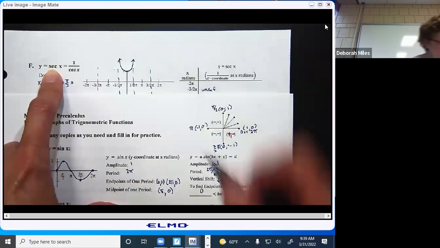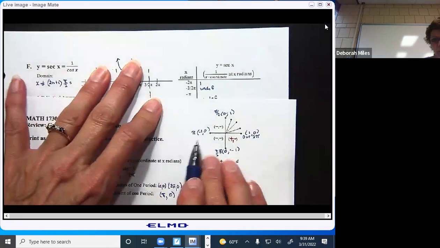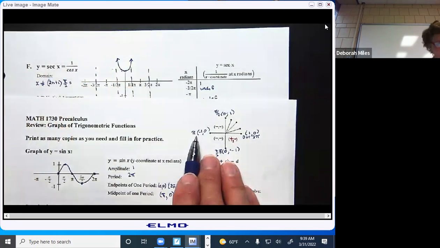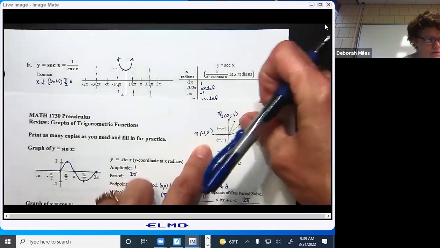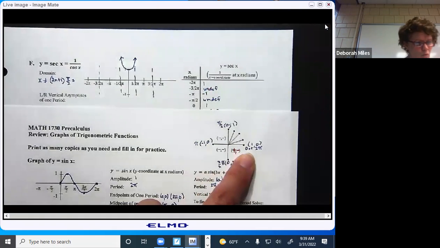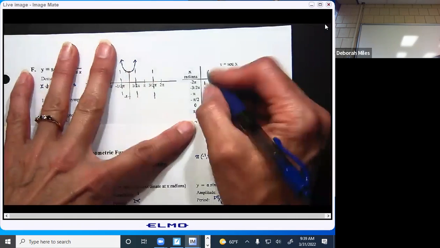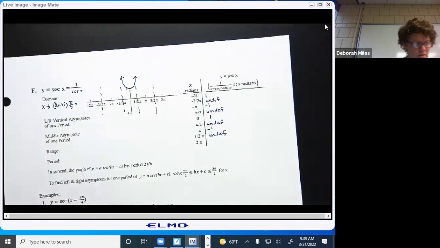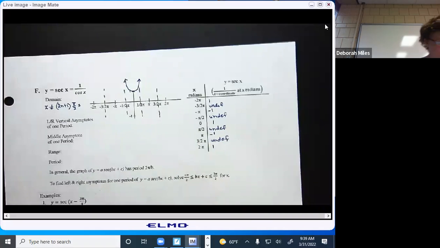The reciprocal of 1 is 1. At negative pi, that's the same as positive pi. Secant would be negative 1. At 0, secant would be 1 again. At pi, secant would be negative 1 again. And at 2 pi, secant is 1 again.